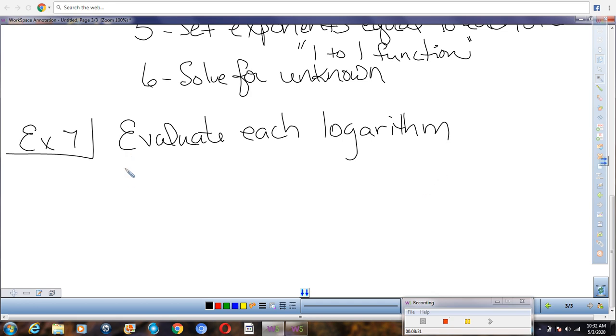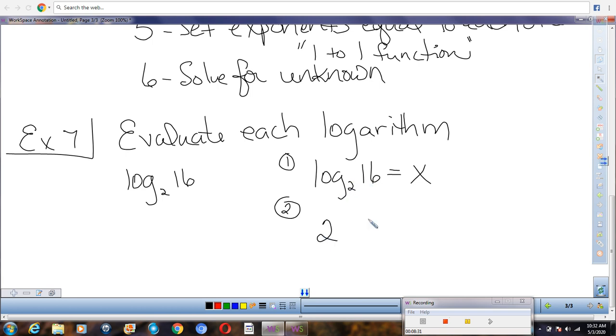So if you are given, let's say, log base 2 of 16. Step 1, I'm going to ask you to take this log base 2 of 16 and set it equal to x. Step 2, write this in exponential form. So this would be the base 2 to the exponent of x equals 16.